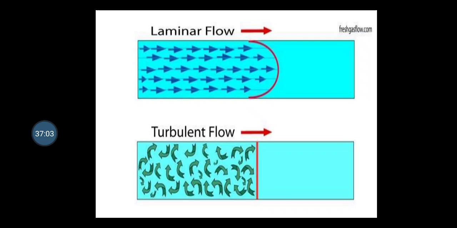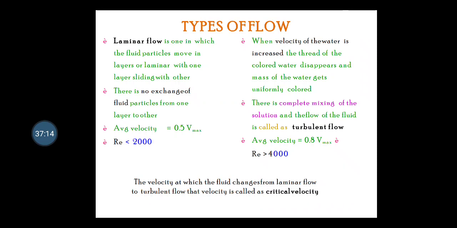Okay, in the next diagram, we're going to discuss the difference between these two. The type of flow, I have already discussed in detail, that is what laminar and turbulent actually are.